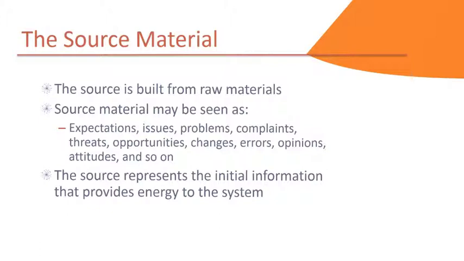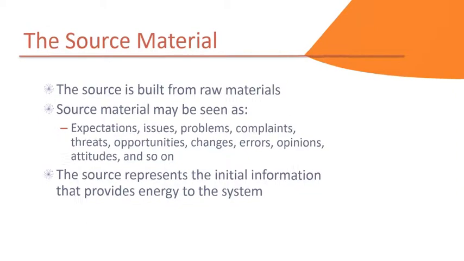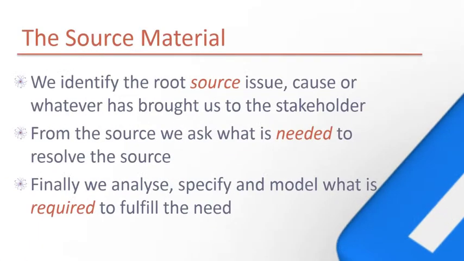The source represents that initial information that provides energy to the system that drives us through our business analysis. So we identify the root source, issue, cause, or whatever brought us to the stakeholder. And then from the source, we ask what is needed to resolve the source.